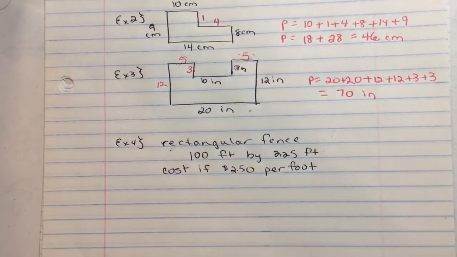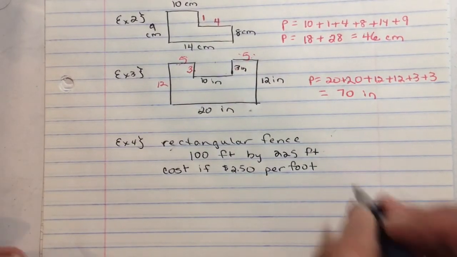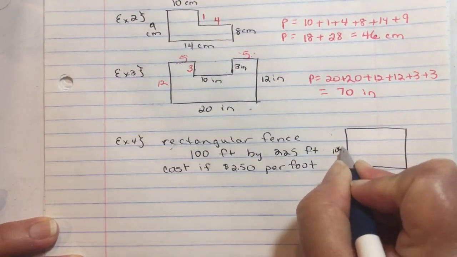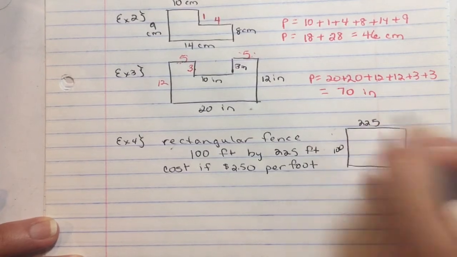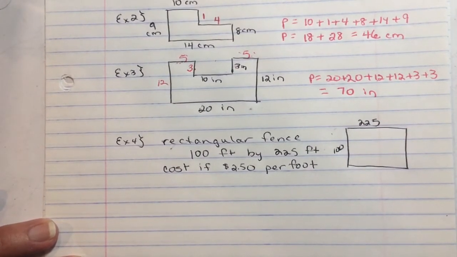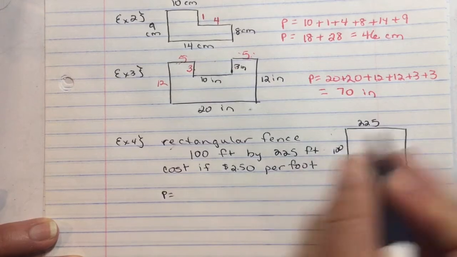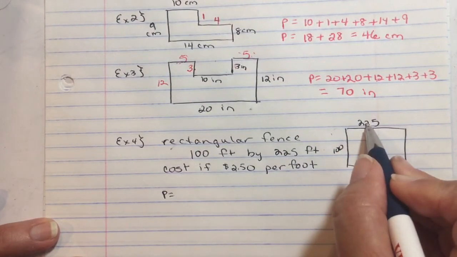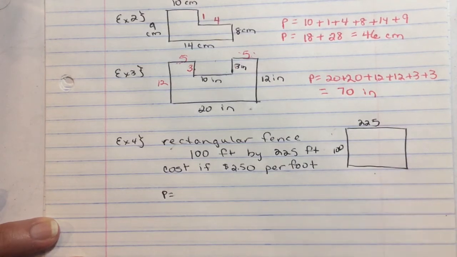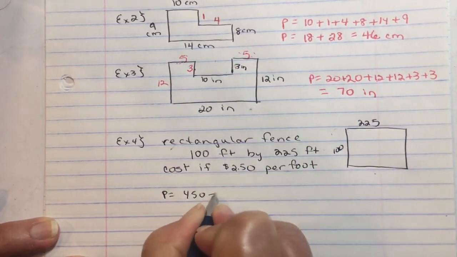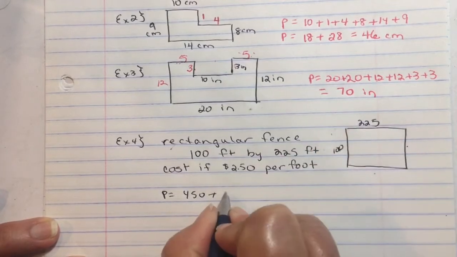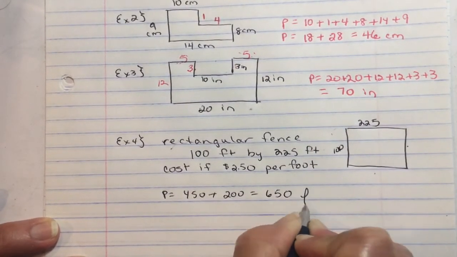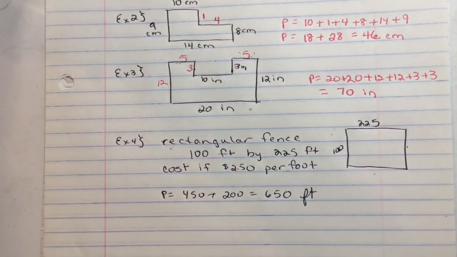Now you guys know me, I like to sketch things out. So I'm going to draw the rectangular fenced area and put in the fact that it's 100 by 225. Fence goes around, so that is the perimeter. 225 plus another 225 is 450. And the left and the right, 100 plus 100. So you can see there's 650 feet of fence needed.